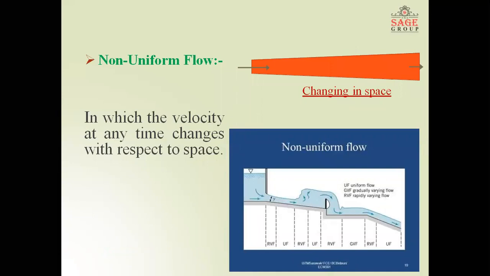Non-uniform flow is flow in which the velocity at any time changes with respect to space. As we have discussed in the earlier example, the velocity at any time changes with respect to space.